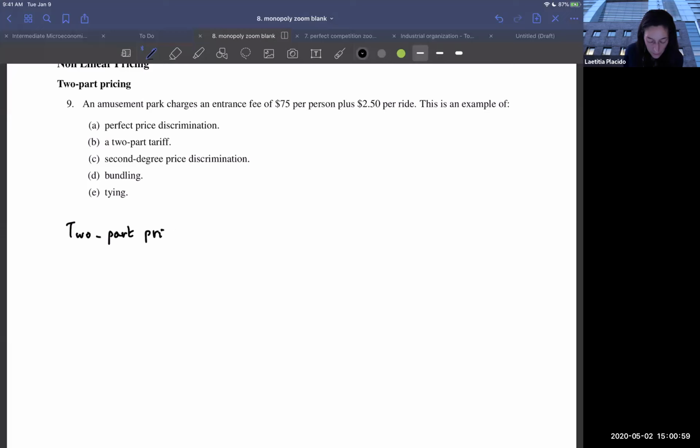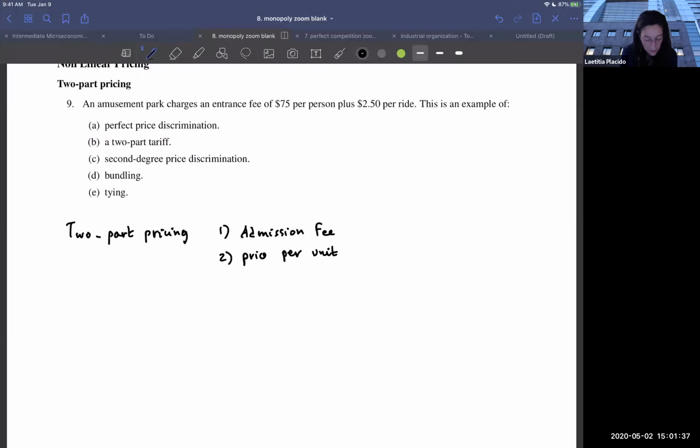For instance, you're going to charge what we call an admission fee that gives you the right to buy a product. And once you buy the admission fee, you have the right to buy as many goods as you want, and you're going to pay a price per unit.